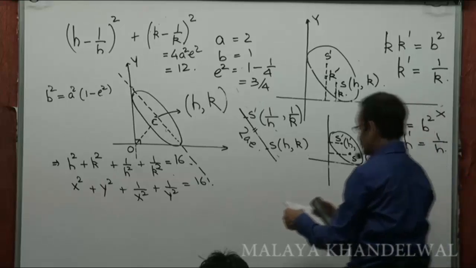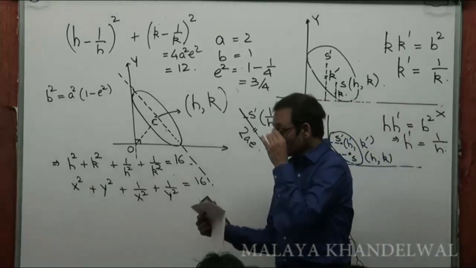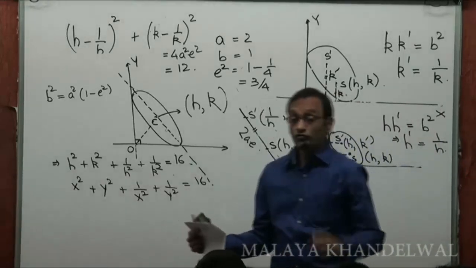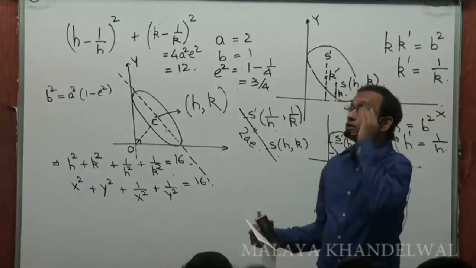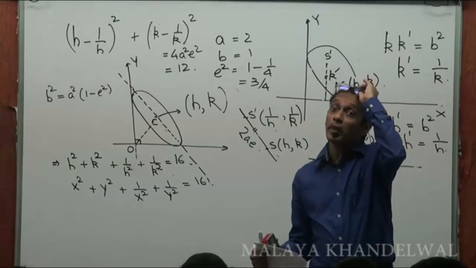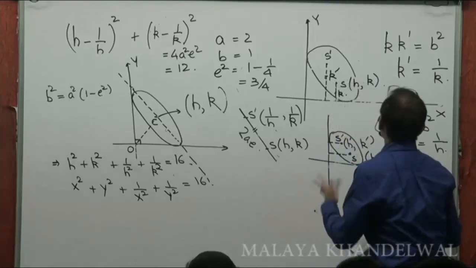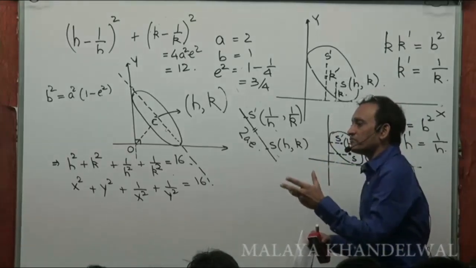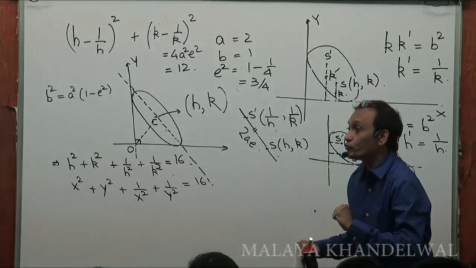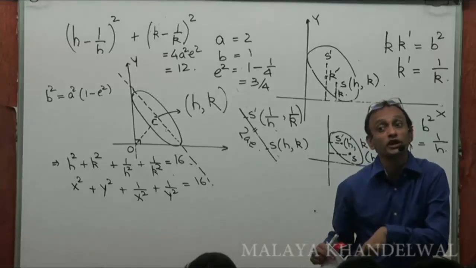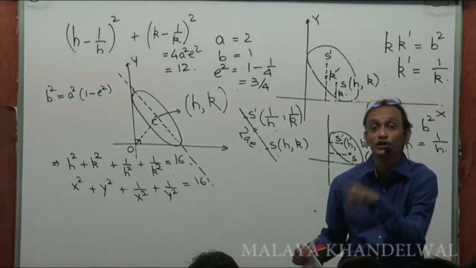And in fact, if you had identified that the combined locus of the two foci would be such that, replacing x by 1 by x and y by 1 by y, the expression should remain the same, then you could have solved this problem just by checking the options, because only one option gives you that possibility.